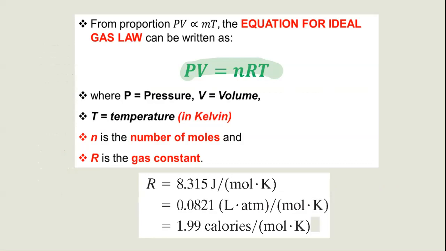If you look at the parameters, P, V and T are already there. So only nR is new here. What is nR? n is the number of moles, and R is the gas constant given below.